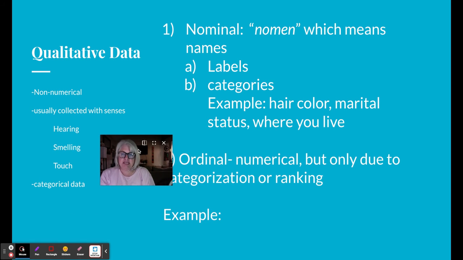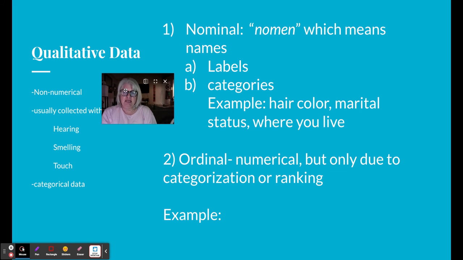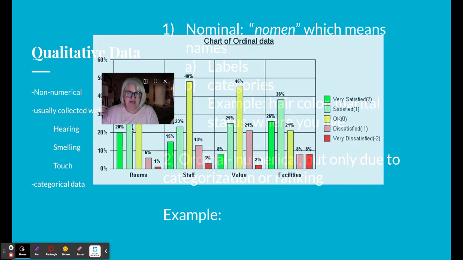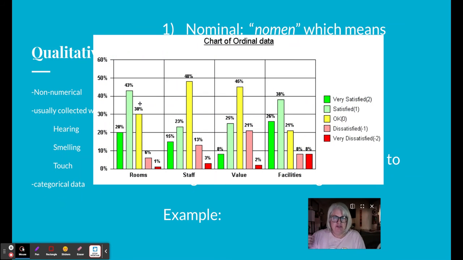And then the second type of qualitative data is ordinal. These have numbers, but it's only because we're categorizing things a certain way. So for example, I have an example here on a graph. This was looking at how happy people were in different hotels, I believe. So in the rooms, were you satisfied with the room? Were you not satisfied?